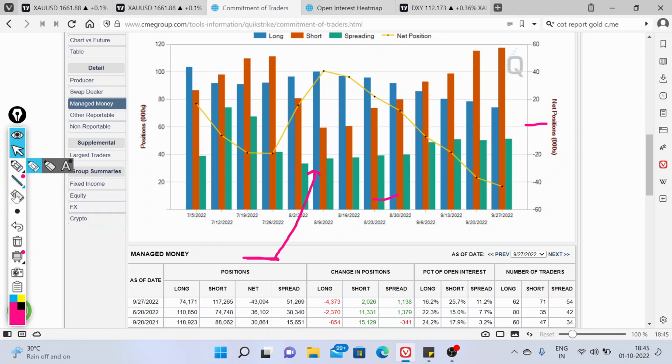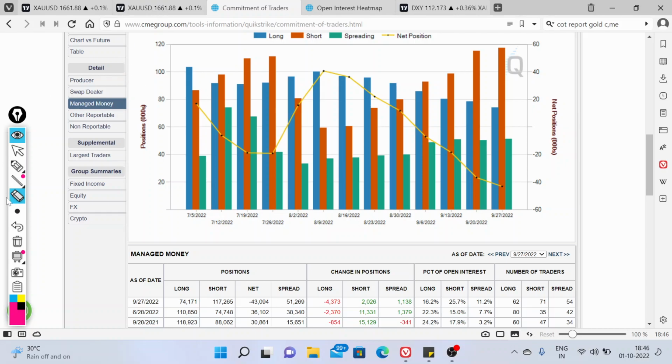So this is the latest COT report that we have, and if you are following me in the Telegram channel, you already know that in the previous COT report the sentiment was bearish, and we have seen a decline of price from the opening price.